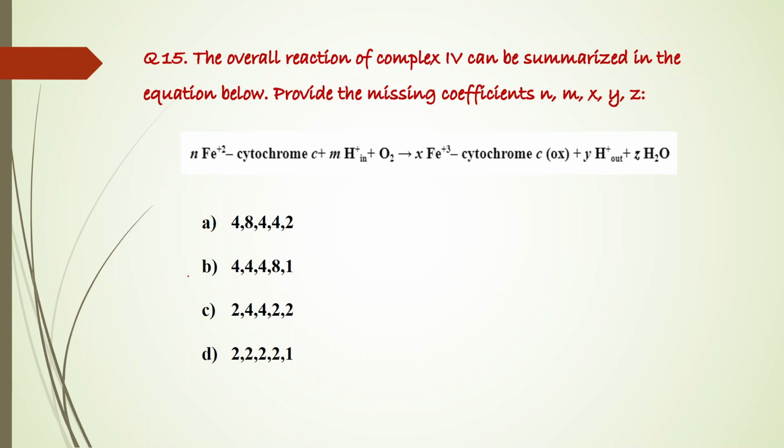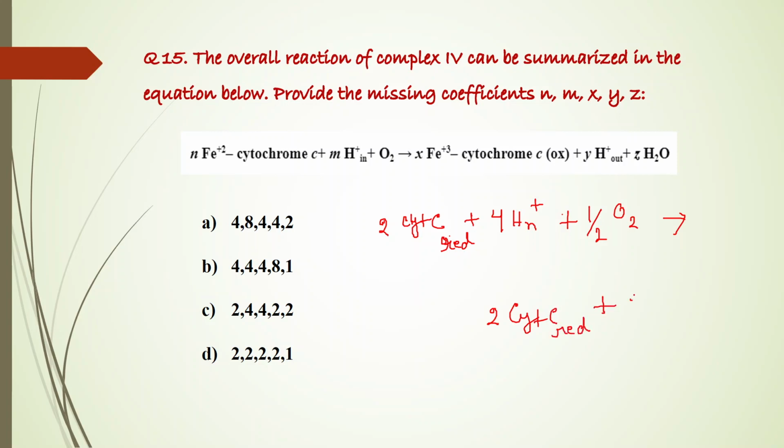So let us write it down here again. So we have our 2 cytochrome C reduced that reacts with 4 H+ N, that reacts with half of oxygen and gives you 2 cytochrome C oxidized plus 2 H+ at the P site, let me write it as capital, that would be easier for you to understand, and 1 H2O molecule.